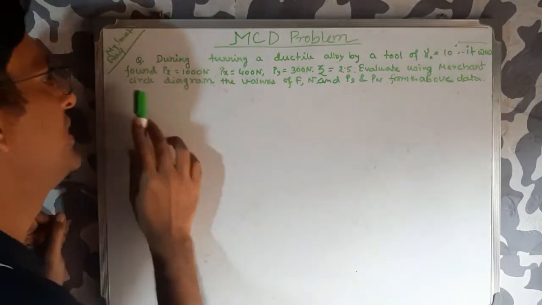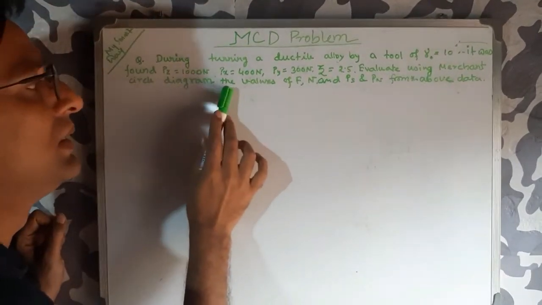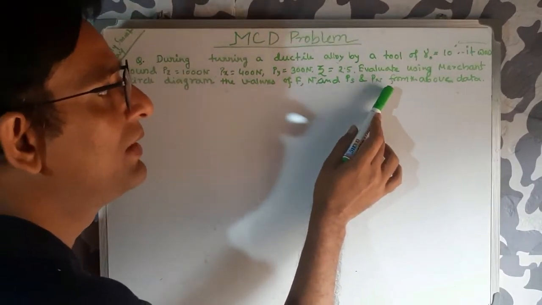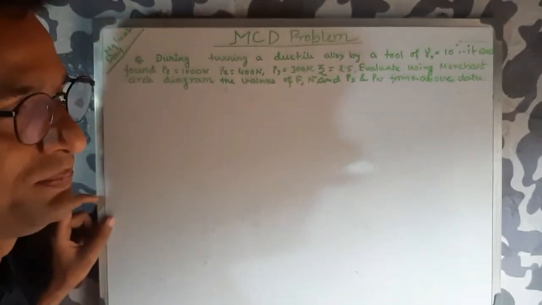Evaluate using the Merchant circle diagram the values of F, N, Ps and Pn from the above data.